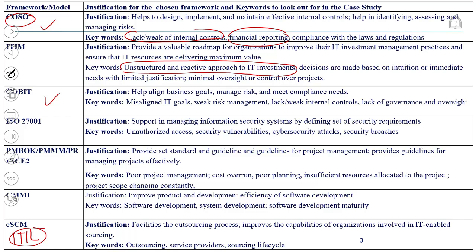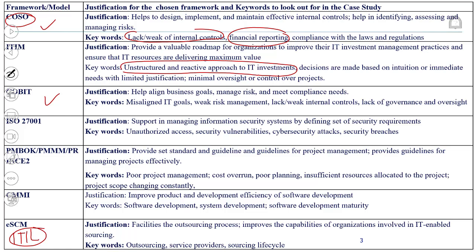Somebody in the HR department says, I want this particular system, and it is bought. There's no proper way in which the IT investments are being carried out. Then you definitely know there's a problem, and those kinds of things can be cured by ITIM.